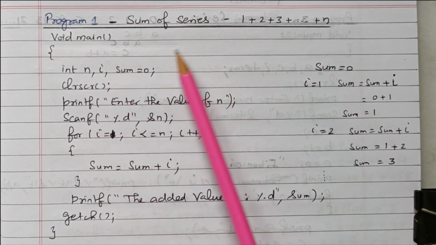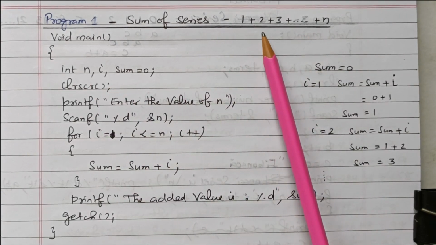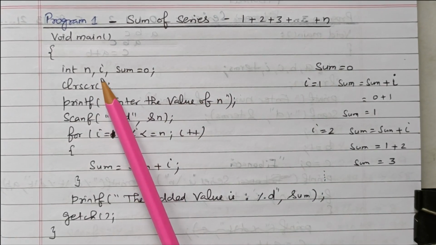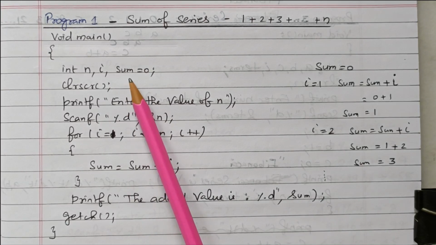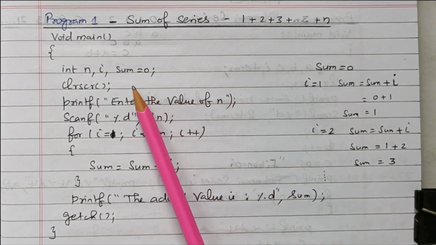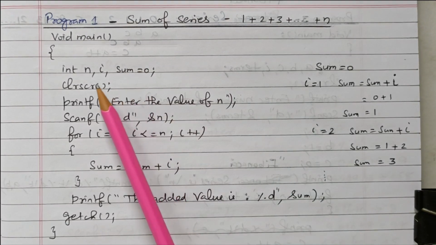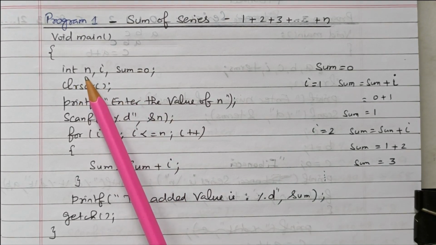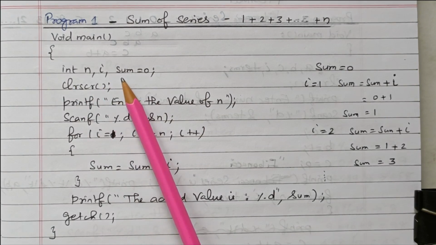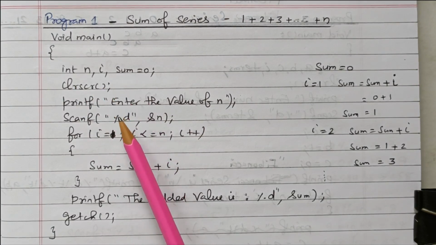So this series can be formed by using the for loop. For that we are using this variable i. The final answer, the addition of this series, is stored in sum, right? So n is the maximum number in the series, i is used for the for loop, and the answer is stored in the variable sum.